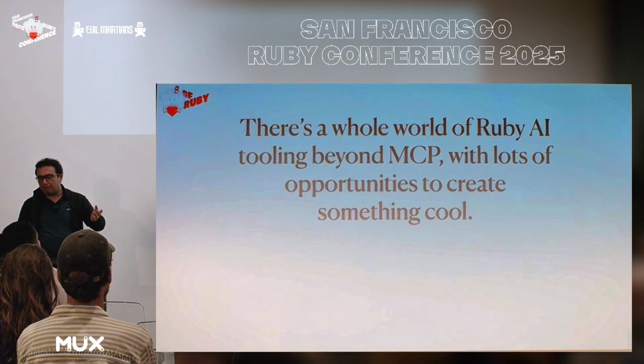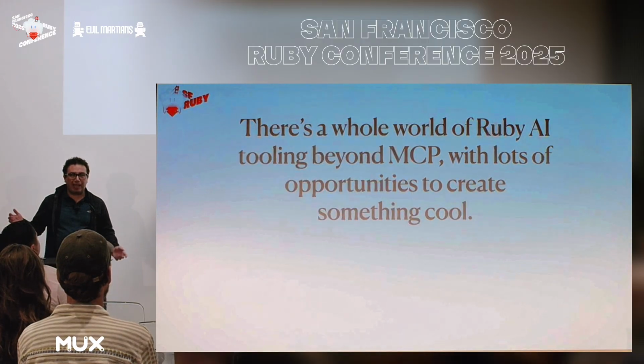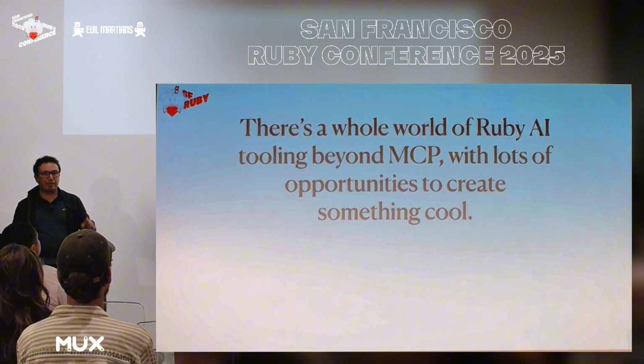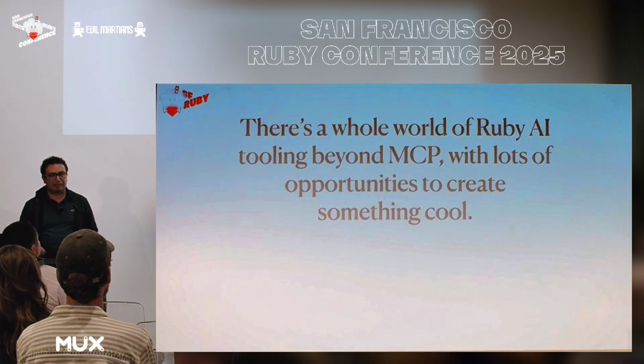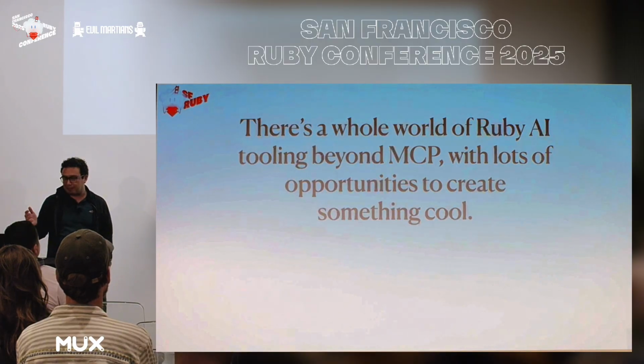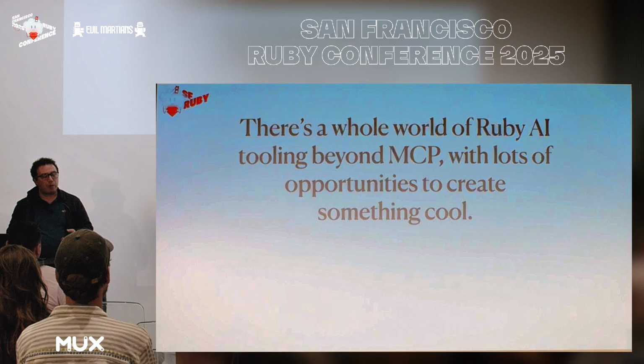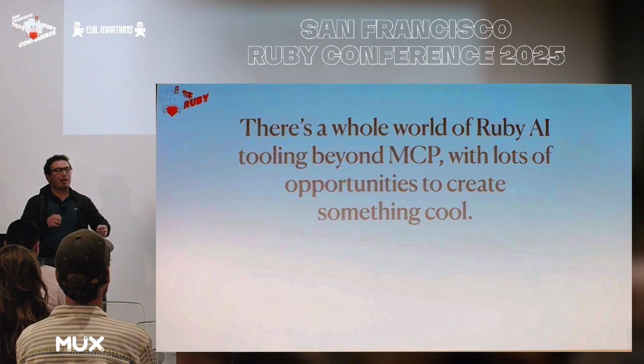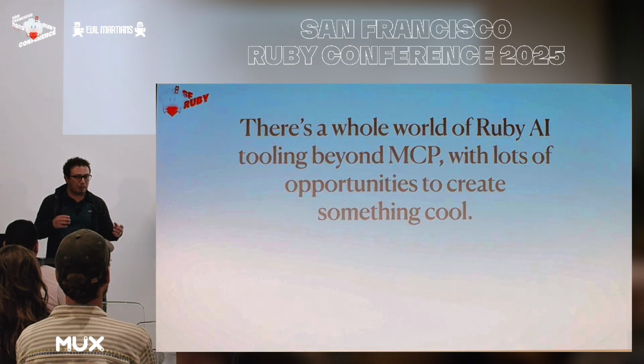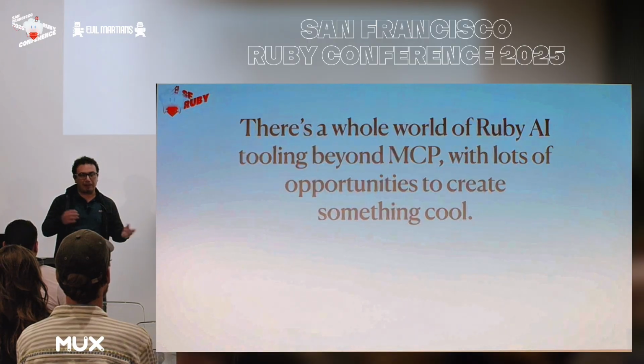And there's a whole world of Ruby AI tooling, and this goes beyond MCPs. There are lots of opportunities to build something interesting. And I think we have been talking about what the future of programming would look like for a lot of developers.